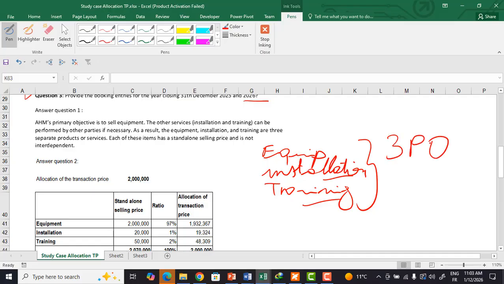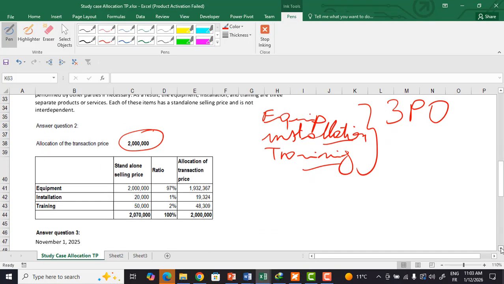Now we should allocate the transaction price on the three performance obligations. As you can see here, the total amount of the three services is 2,270,000, and now we should allocate according to the 2 million transaction price.